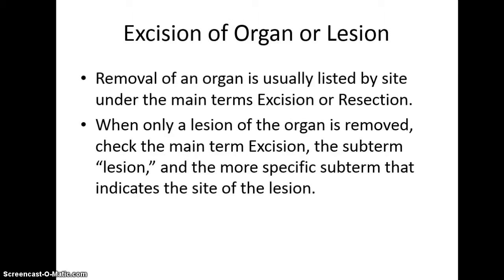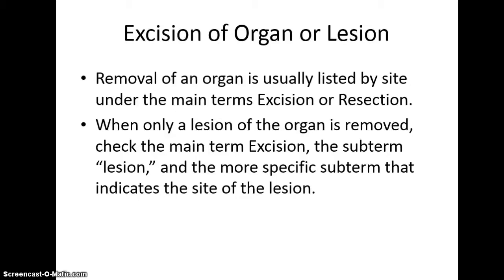So, excision or removal of an organ or a lesion. Removal of an organ is usually listed by site under the main terms excision or resection. You are going to have to look under both. If you start under excision and you don't find it, you have to go to resection.